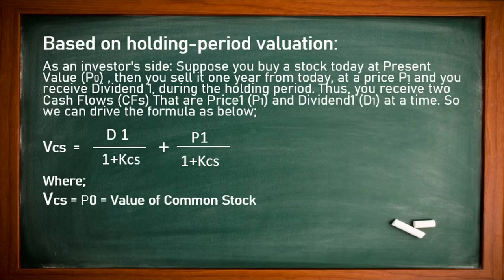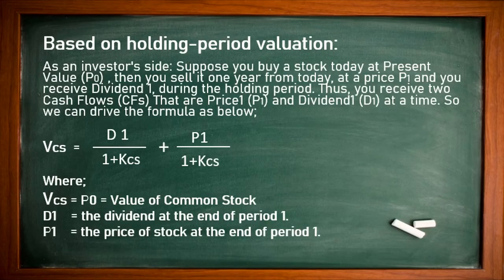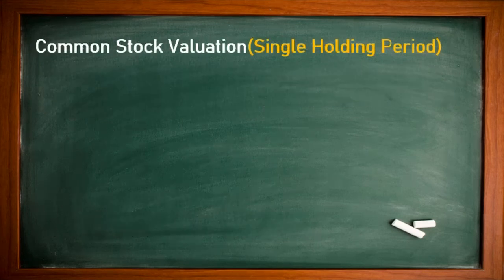Don't be confused in future whenever you look at other books from other authors, or videos from other YouTubers, as well as your teachers. Value of common stock is reflected this way. D1 is equal to the dividend at the end of period 1. And P1 is equal to the price of stock at the end of period 1. As you know, KCS needs no definition because it is the required rate of return.